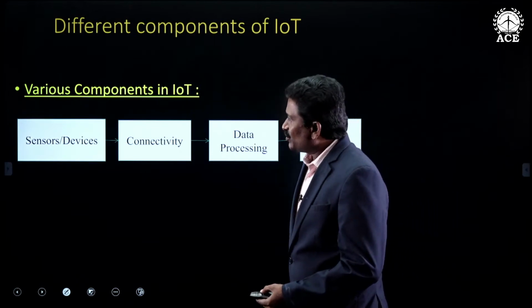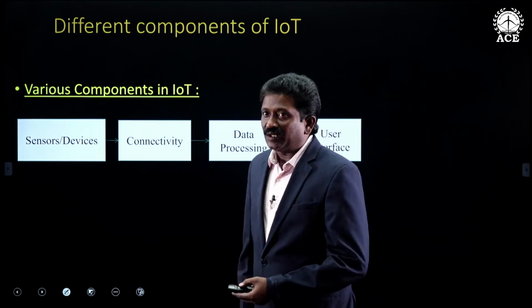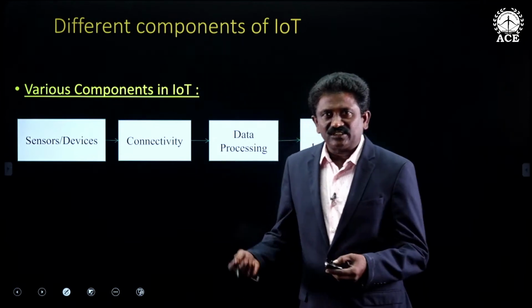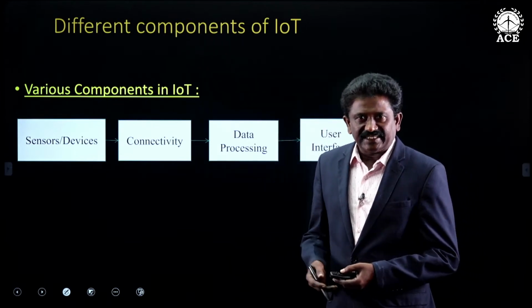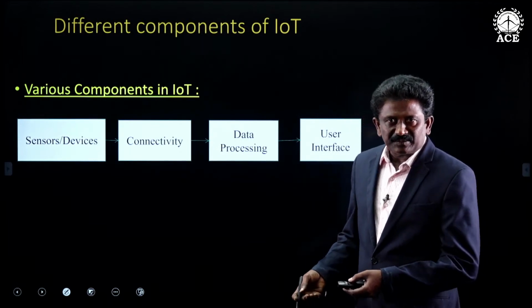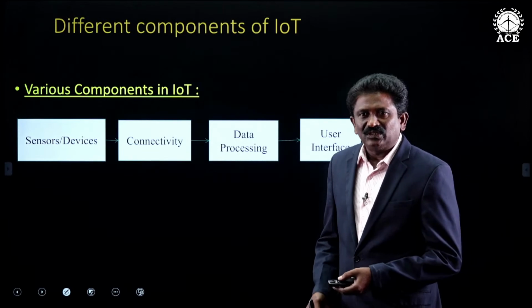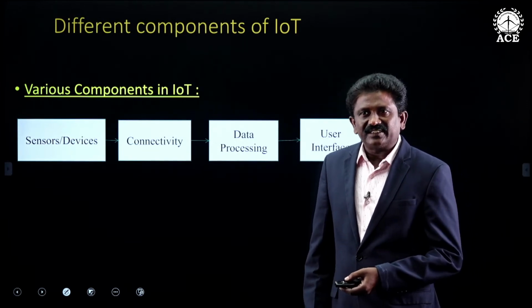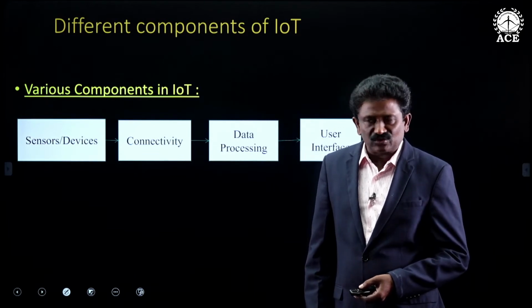Now, what is the role of the sensors in this block diagram? Already you know some idea about sensors. You know the function of the sensor. With the help of a sensor, we are able to convert any physical quantity into an electrical signal, and in the same way collect data from the outside.